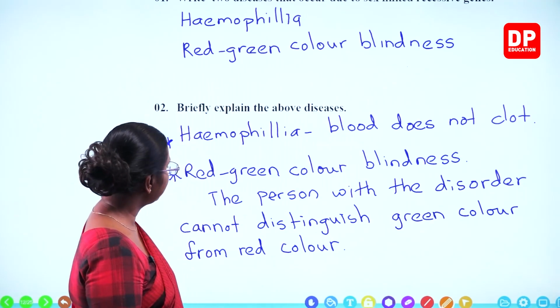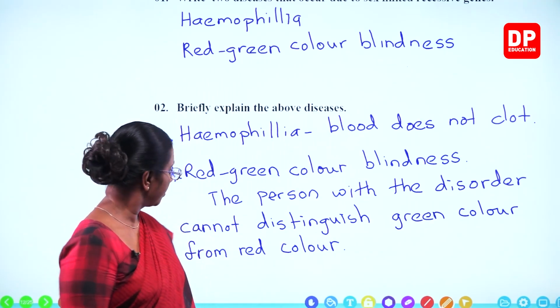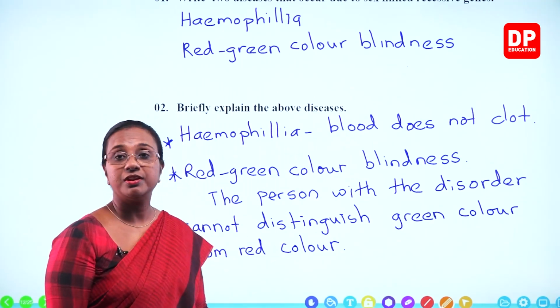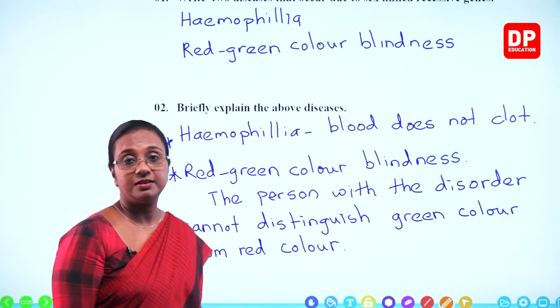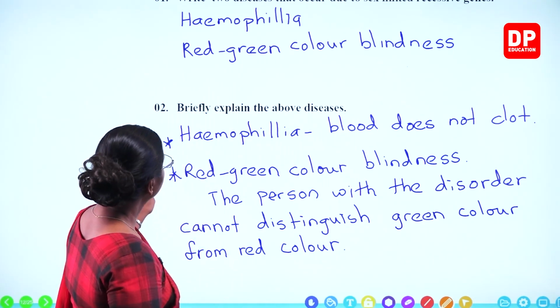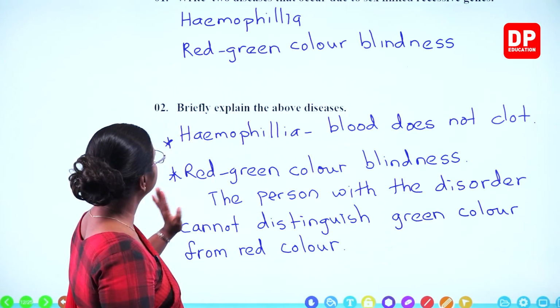So red-green color blindness, the person with the disorder cannot distinguish green color from red color. That is the disease. So briefly explain the above diseases.